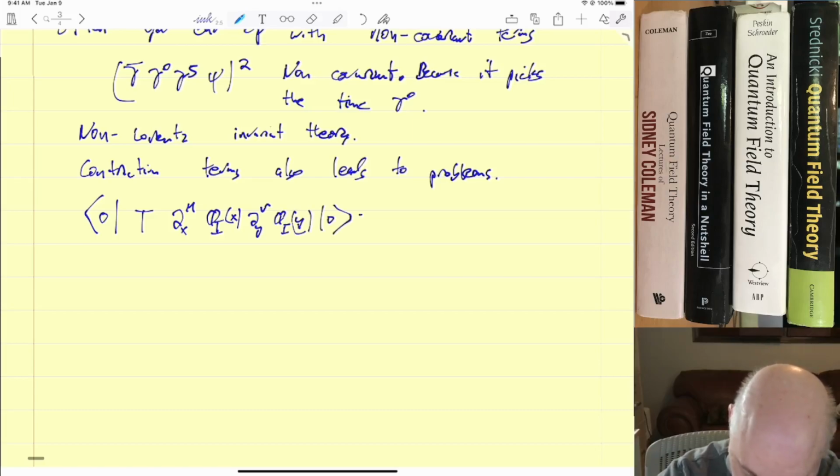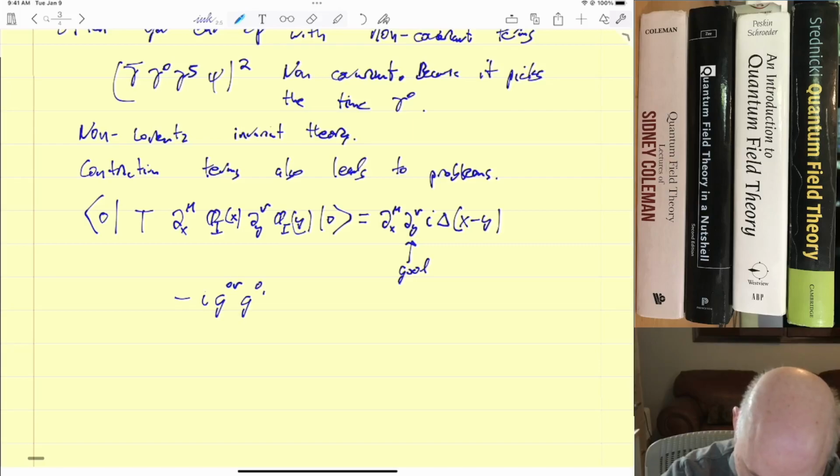And you're going to end up getting some kind of term like, now this term is good. This is covariant. But you're also going to get another term. This term is bad.